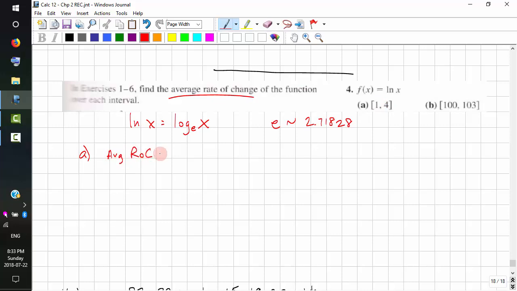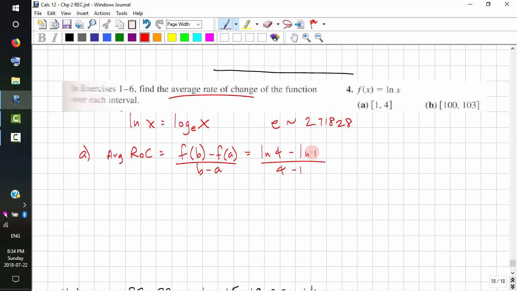Rate of change equals f of b minus f of a over b minus a. So all we have to do is ln 4 minus ln 1 over 4 minus 1.